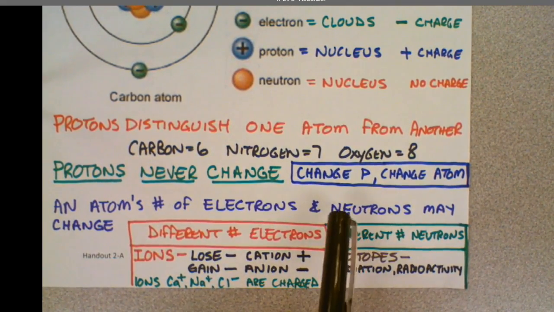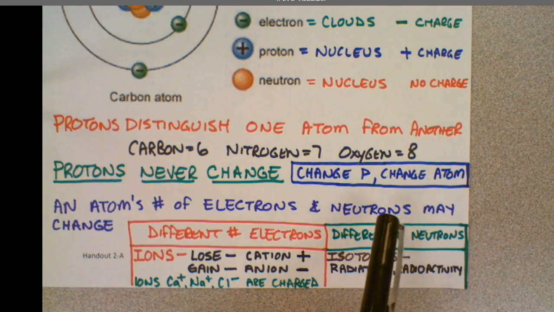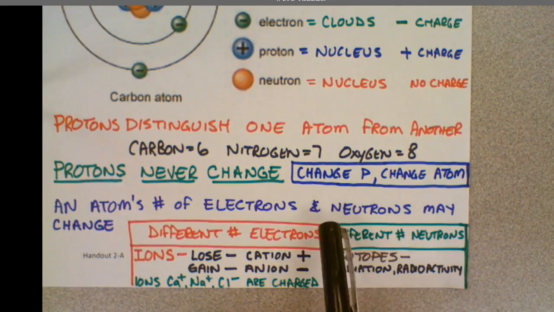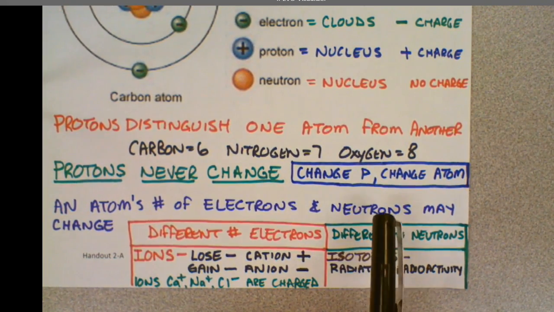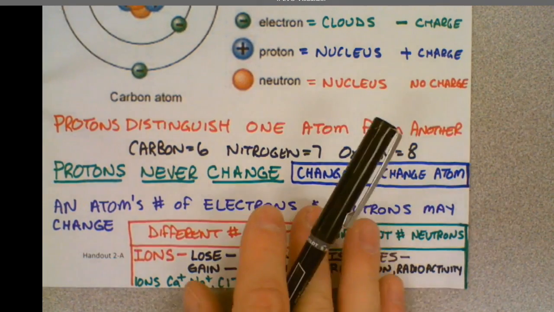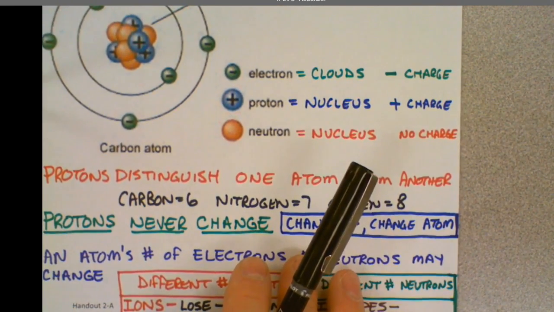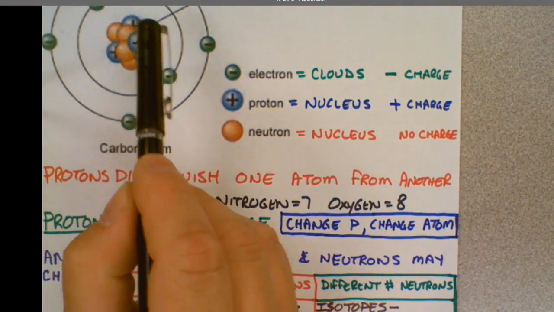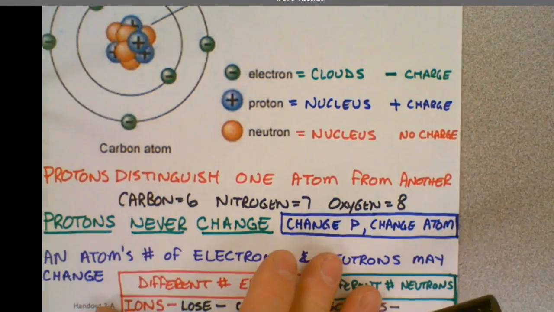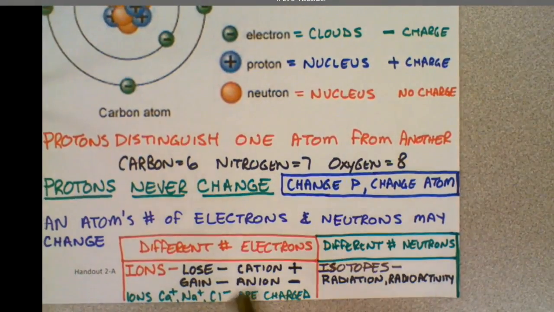It turns out that if we gain or lose neutrons, we form a different type of atom called an isotope. Now, isotopes are going to have a different number of neutrons than normal. So typically, we're going to have a basic set of neutrons in the nucleus. If those change, we form an isotope.